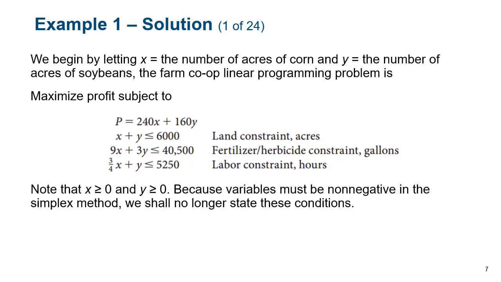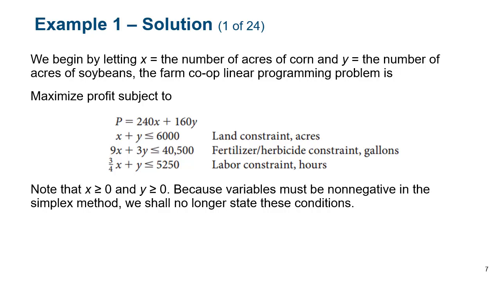The first thing we want to do is write everything out in standard form so we know what to work with. We've got our profit function of 240x plus 160y. We're letting x be the number of acres of corn that we plant and y be the number of acres of soybeans that we plant. Then we have the land constraint. We were told that there were only 6,000 total acres, so x plus y has to be less than or equal to 6,000.